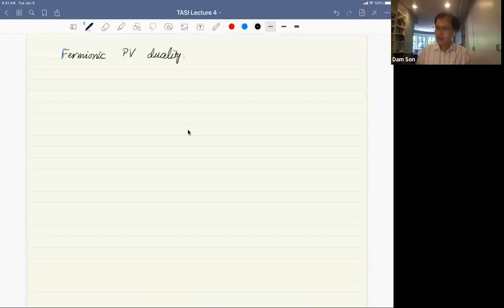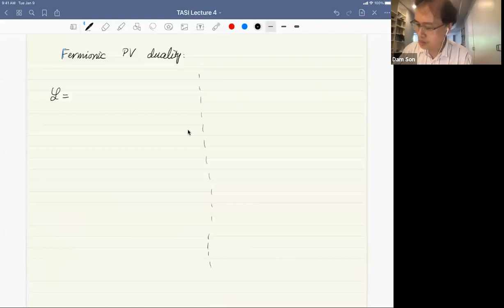The statement is that if we have a theory, let me write on the two sides of the slide two theories that are supposed to be equivalent to each other.